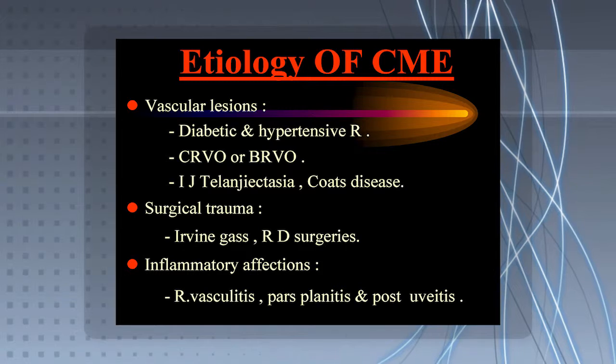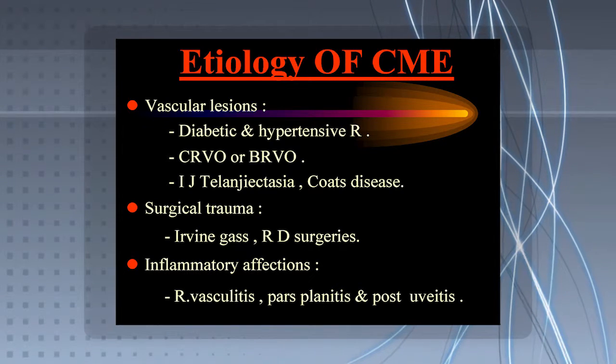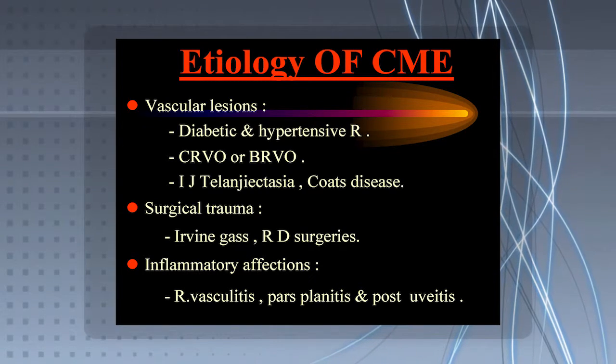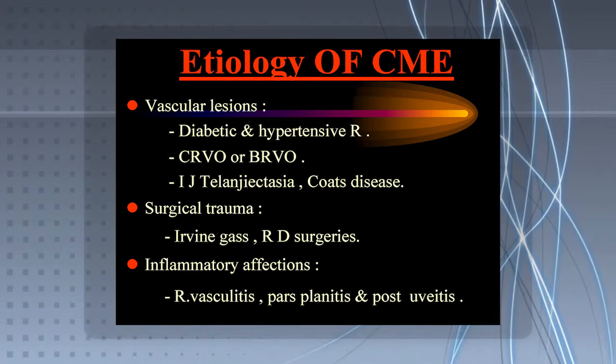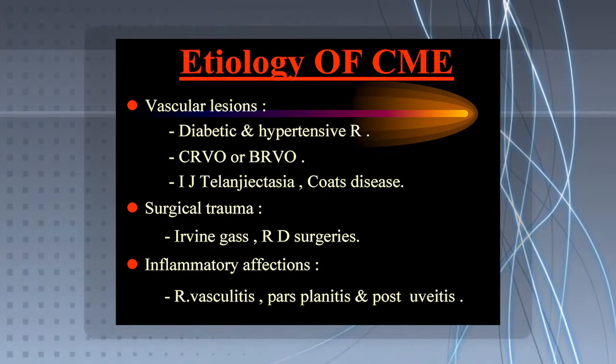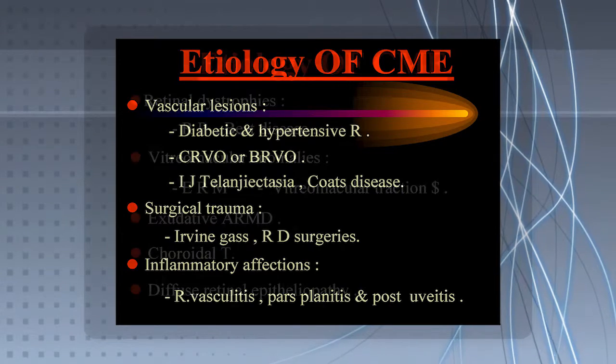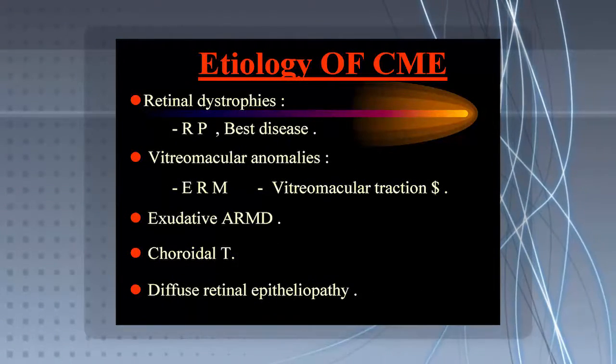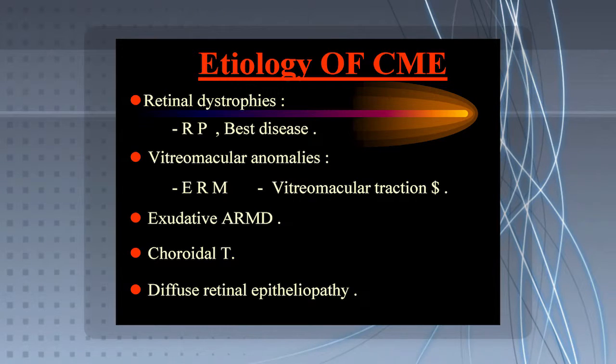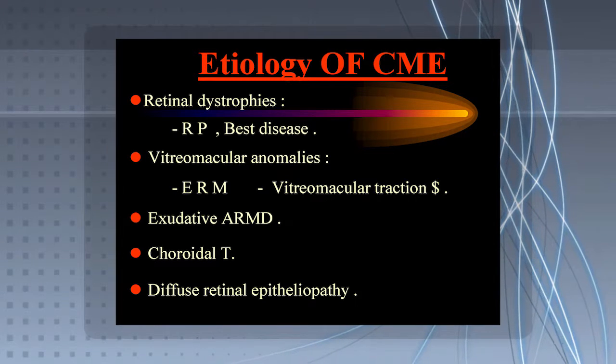Surgical trauma like Irvine-Gass syndrome or post-RD surgeries. Inflammatory affections like retinal vasculitis, pars planitis, and posterior uveitis. In retinal dystrophies, we can face cystoid macular edema like in retinitis pigmentosa and Best disease.